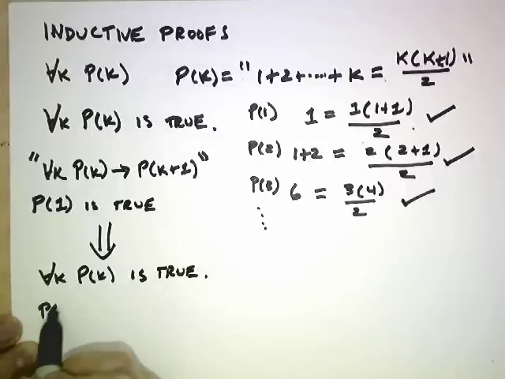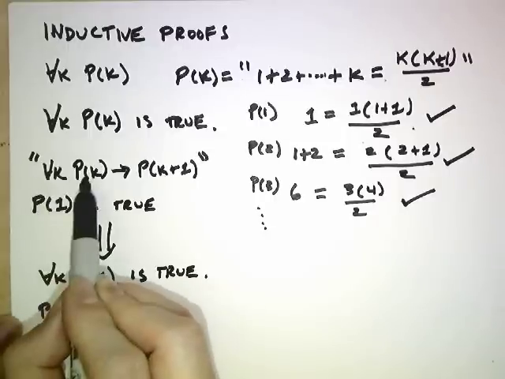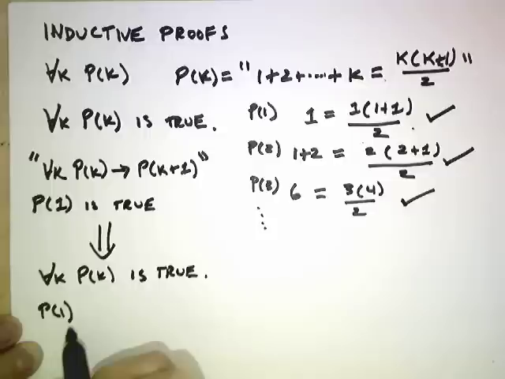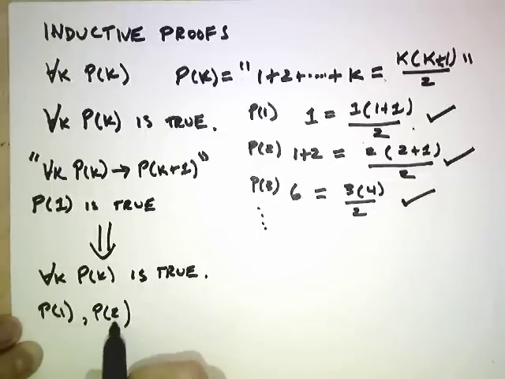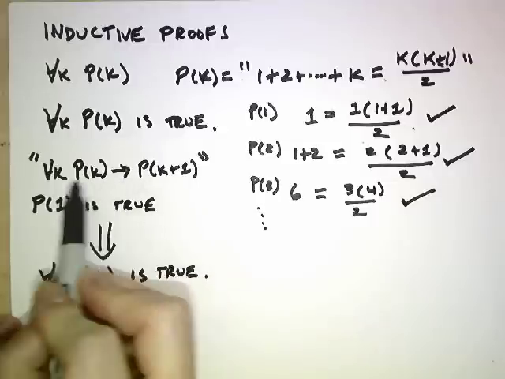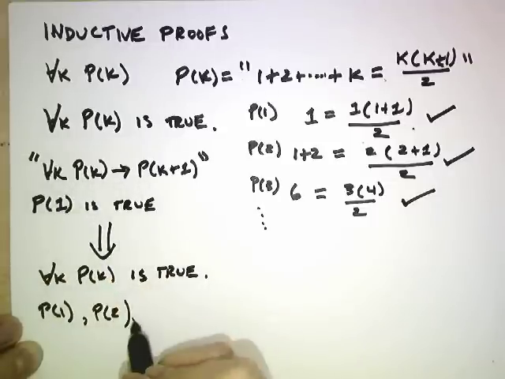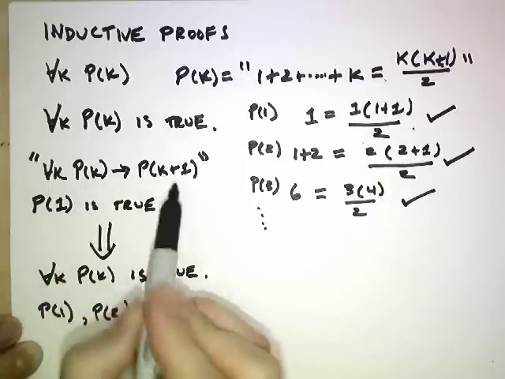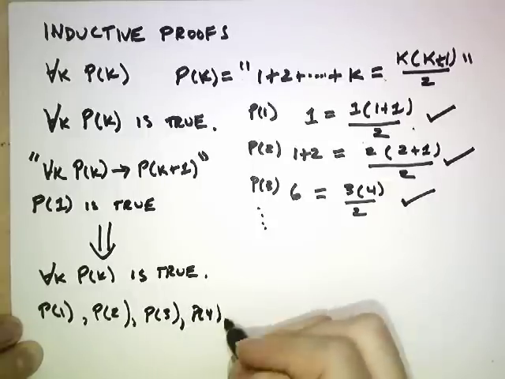Well, P of 1 being true implies that P of 2 is true. If P of 2 is true, we can use this statement again: P of 2 implies P of 3, so P of 3 is true. If P of 3 is true, it means that P of 4 is true, and so on and so forth.